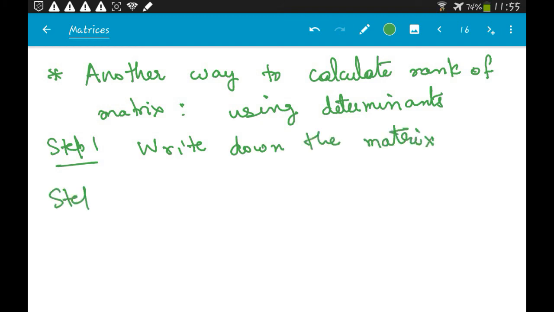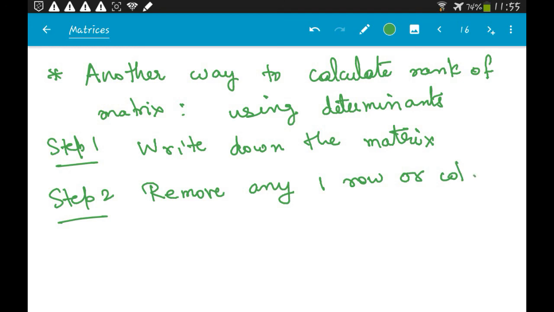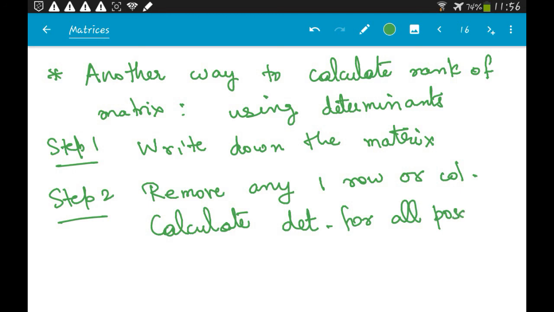Step 2, remove any one row or column, and calculate the determinant for all possible square submatrices.